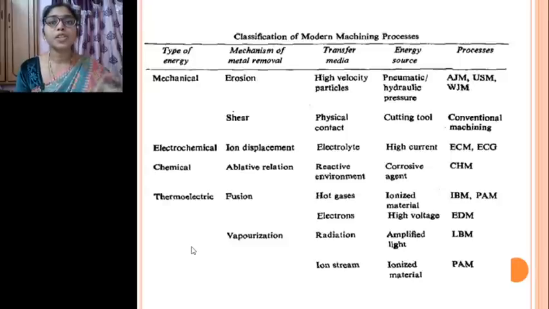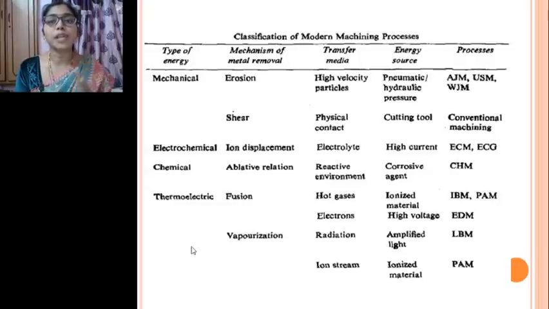So usually conventional processes are used for initial material removal. Since we can remove very little material in an unconventional machining process, as the amount of material removed is lower, it is mostly used for finishing processes.